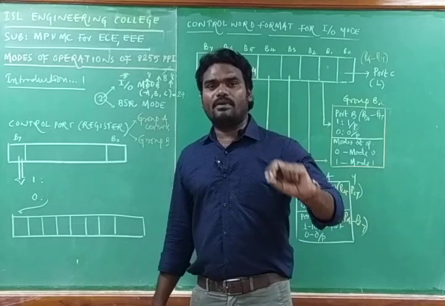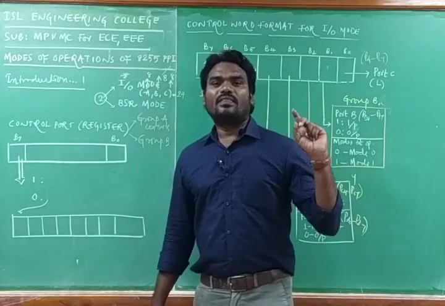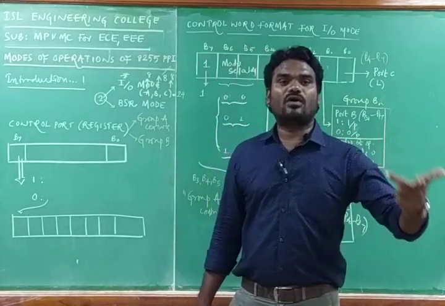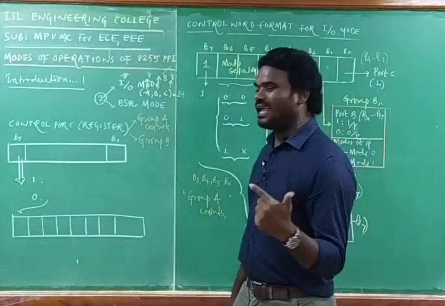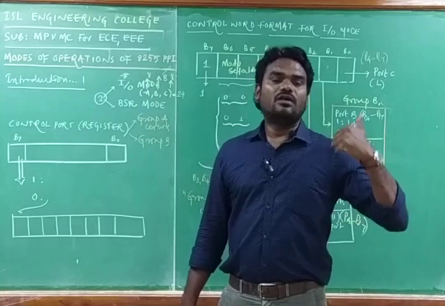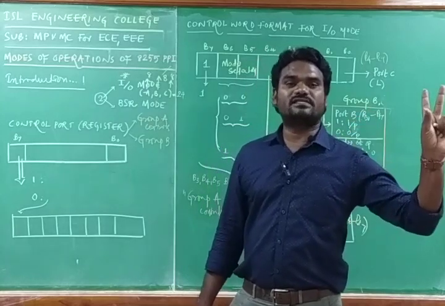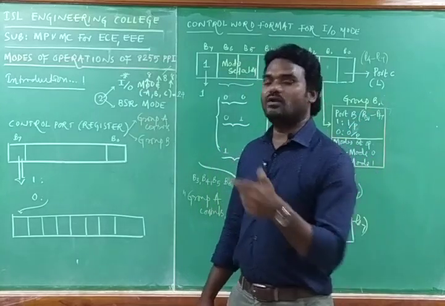You should remember that the 8255 can be programmed to operate in 2 modes of operation. The first one is IO mode, in which the total 24 pins serve as input and output according to the program.